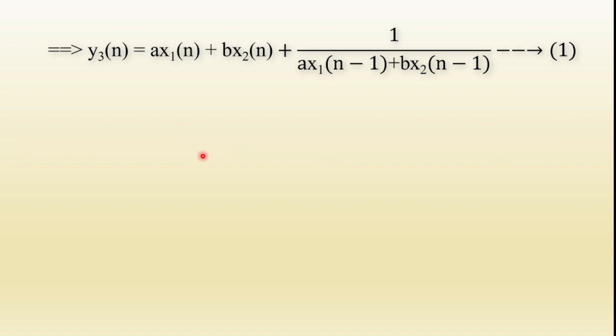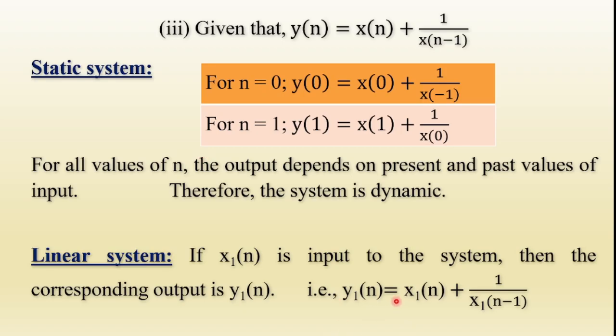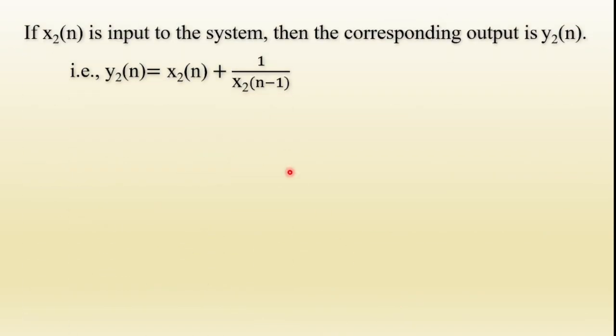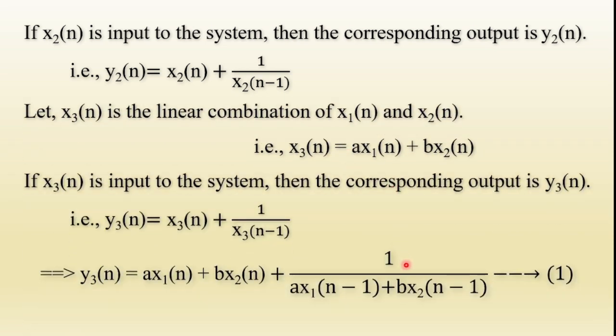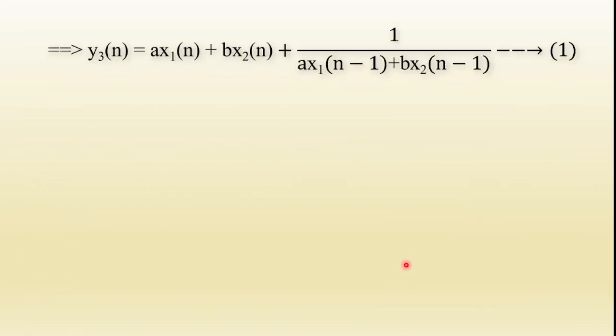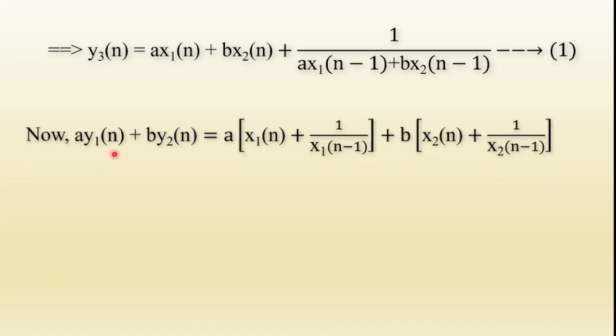So now calculate a y1 of n plus b y2 of n, and substitute the y1 of n and y2 of n values here. A into y1 of n is x1 of n plus 1 by x1 of n minus 1, plus b into y2 of n is x2 of n plus 1 by x2 of n minus 1.